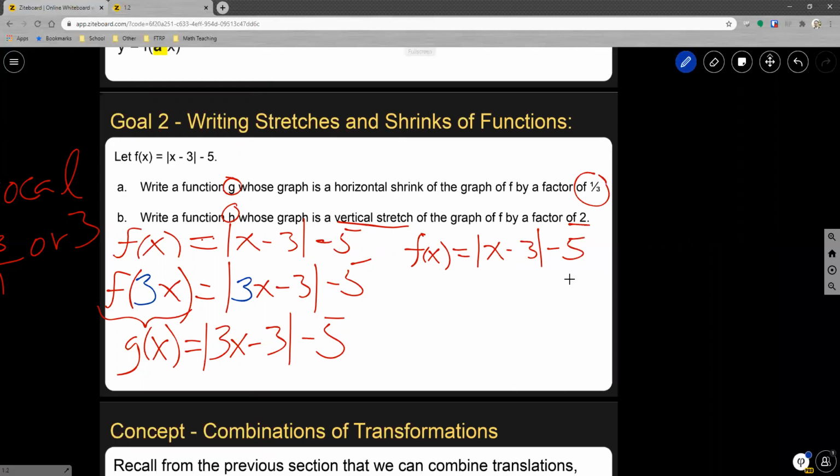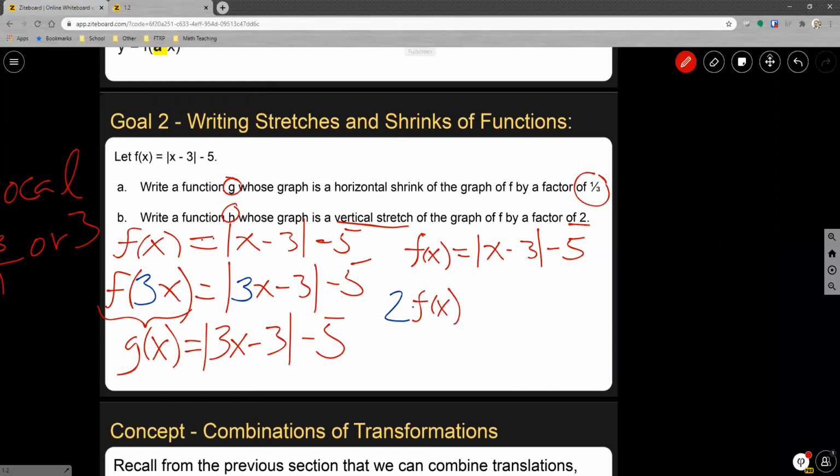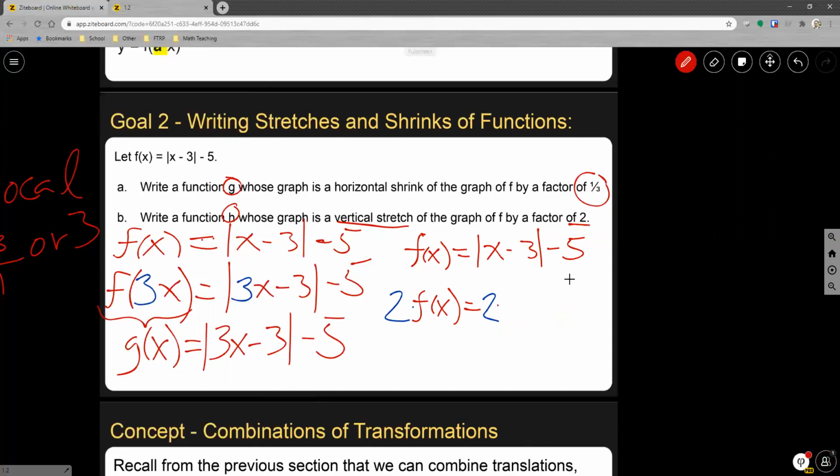I'm going to multiply the entire function by 2. So 2 times my original function is going to be 2 times the absolute value of x minus 3, minus 5. Let's rewrite that a little bit clearer: 2 times, put it all in parentheses because I'm multiplying the whole thing.